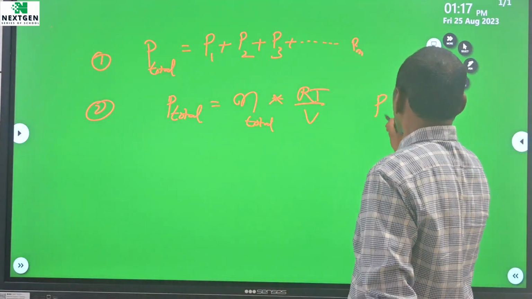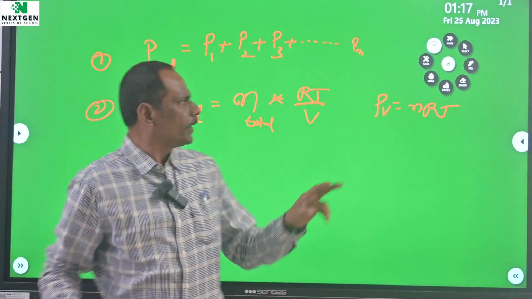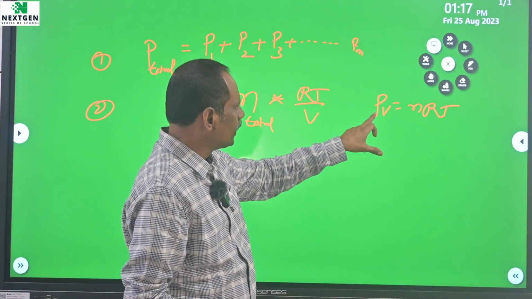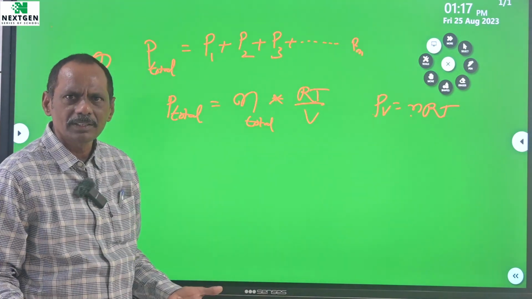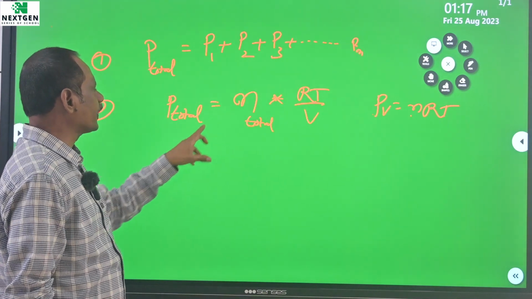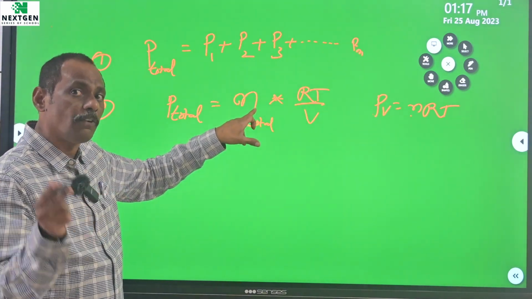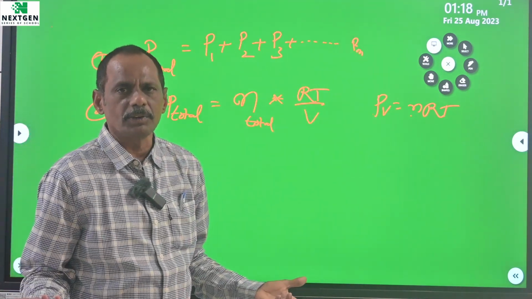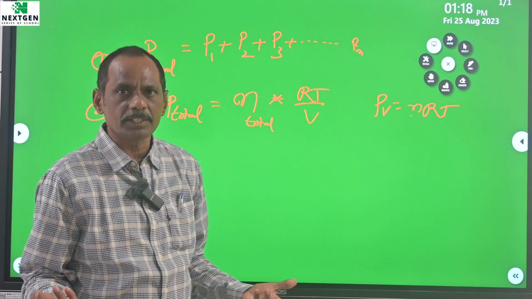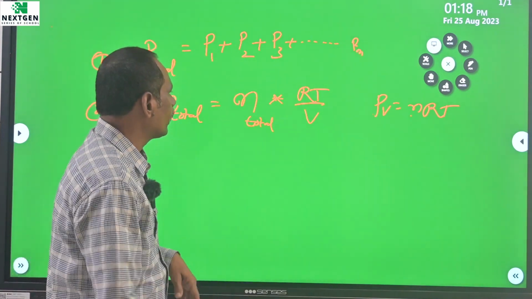It is nothing but PV = nRT, so P = nRT/V. So the total pressure of the gas mixture is equal to the total number of moles of all the gases present in the mixture times RT by V, where R is the universal gas constant, T is the temperature in Kelvin, and V is the volume.